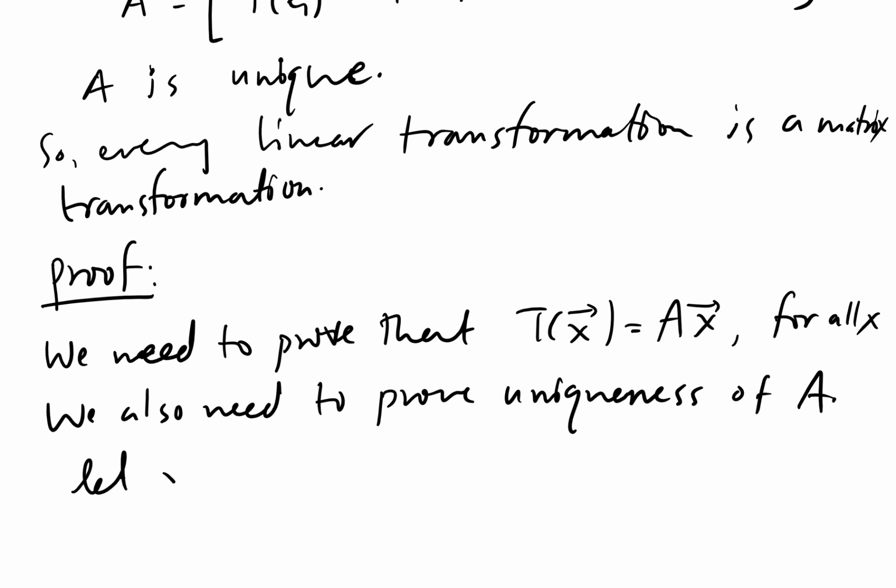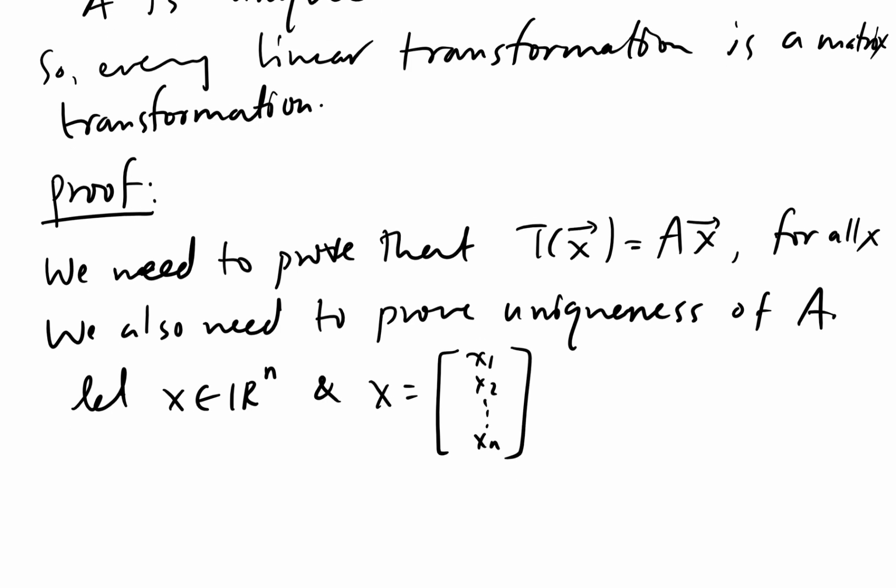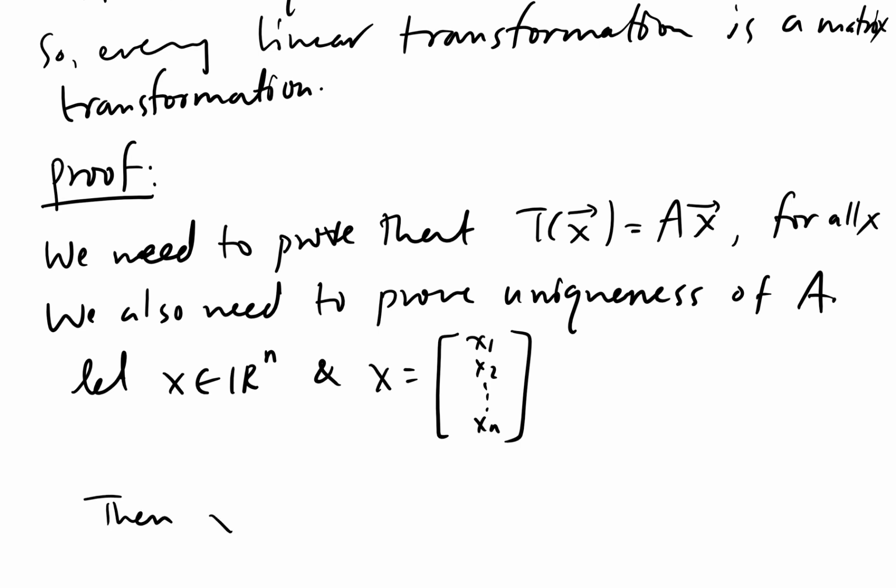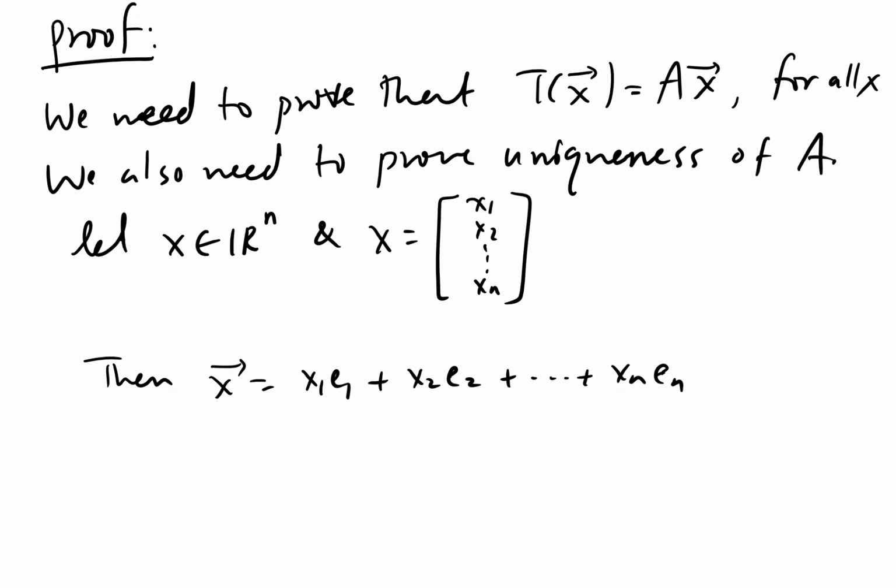So if we let x be taken from Rn, with x as x1, x2 all the way to xn, then you can write x as x1 e1 plus x2 e2 plus xn en. Do you guys see why? Let me show you why.